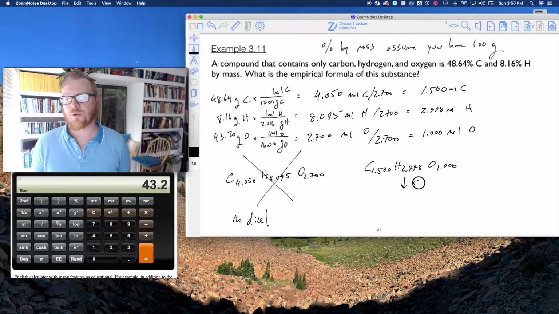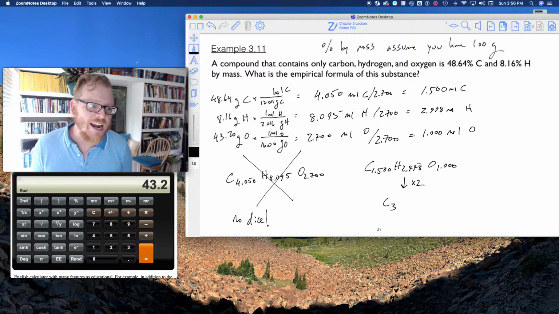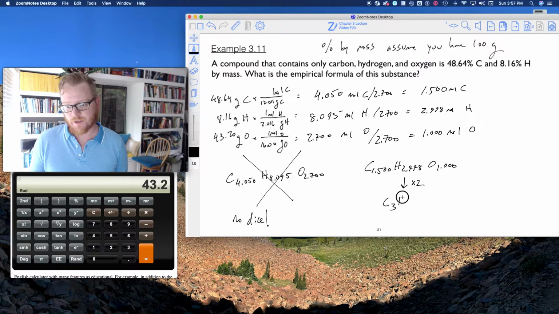So what I'm going to do is multiply by 2. That's going to give me C3, H 2.998, which is safe enough to assume is 3, but if I multiply by 2, it's going to become 6. And then multiplying this by 2 gives me O2. And this is my empirical formula.